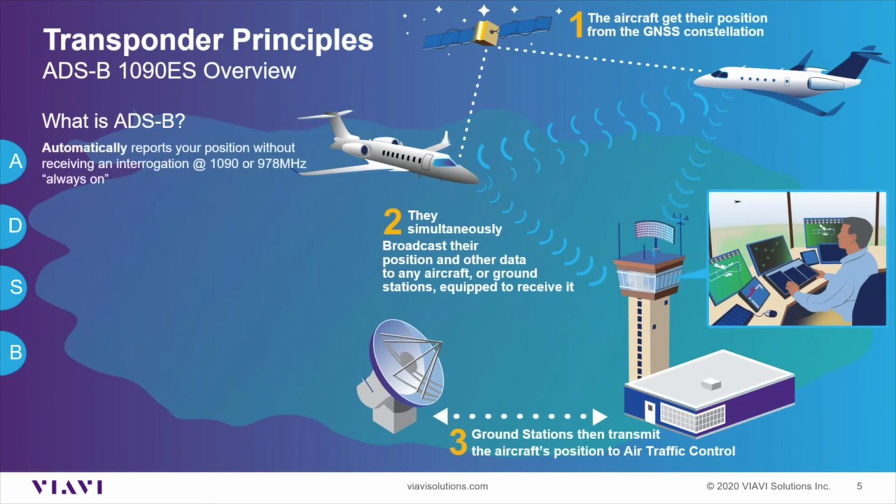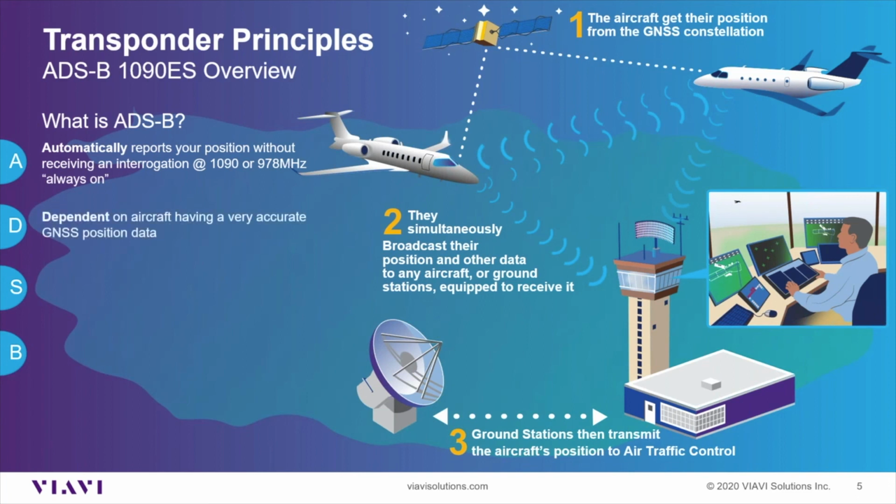The A within ADS-B stands for automatic, because unlike previous transponder technologies like Mode A or Mode C, no external stimulus or interrogation is required for an ADS-B transponder to transmit its signals out. These unsolicited downlink transmissions from an ADS-B Mode S transponder are referred to as squitter.